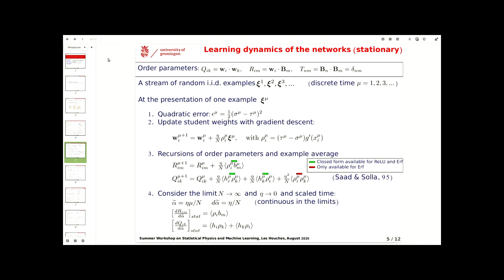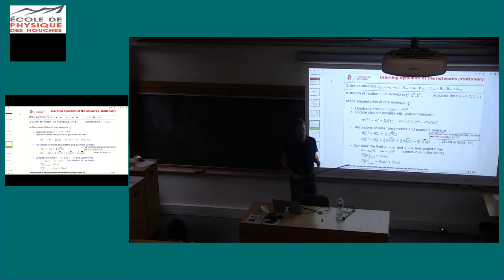So the student updates on every presentation here, and it updates with gradient descent. So we have an update rule for the student weight vectors, and we can then also directly formulate recursions of the order parameters. And in the limit N to infinity, these quantities self-average.